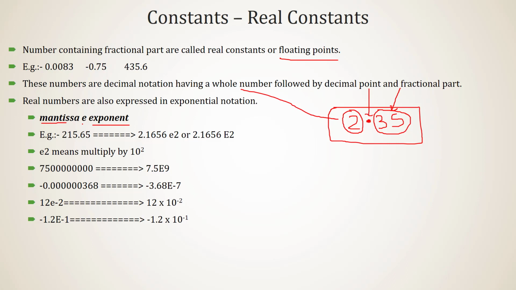I will explain this exponential notation with an example. 215.62 can be written as 2.1562 into 10 squared.